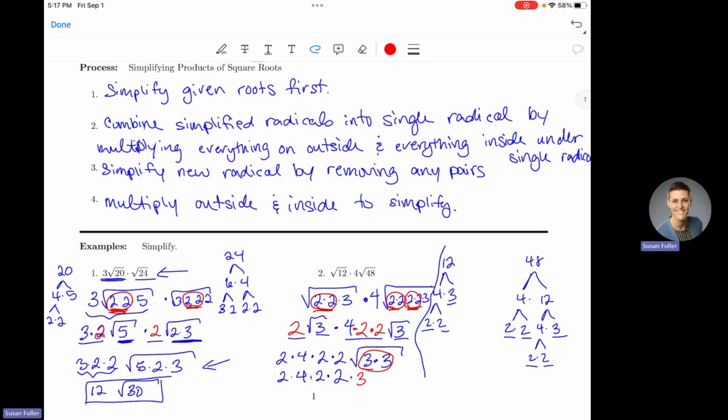And then I have nothing left under my radical, so I don't have a radical to write anymore. Everything is now simplified, and I just have to combine the stuff out here. 2 times 4 is 8, times 2 is 16, times 2 is 32, times 3 is 96. So after all of that, those guys multiply to 96.